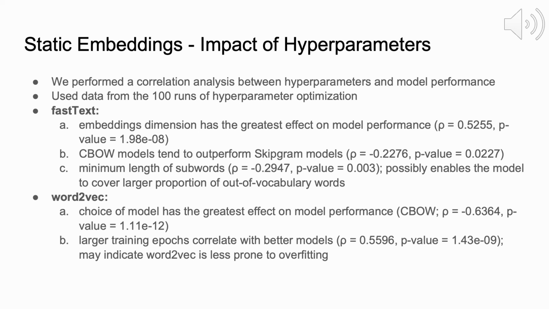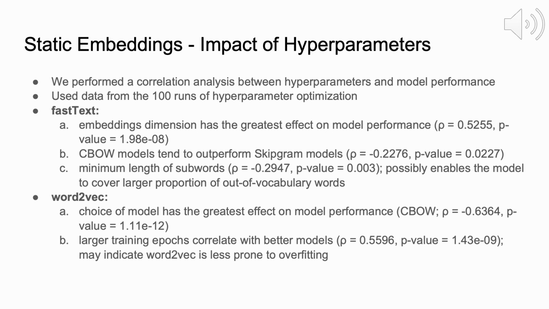For fastText, embedding dimension had the greatest impact on performance. Continuous bag of words models tend to outperform skipgram, and lowering the minimum length of subwords correlates with better performance, possibly by allowing the model to cover a larger proportion of out-of-vocabulary words.